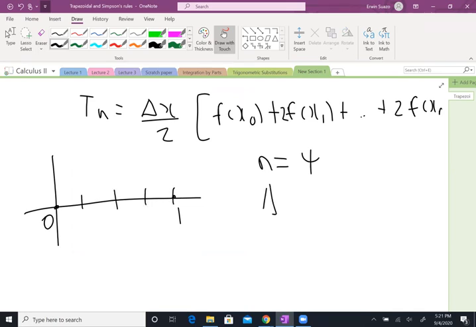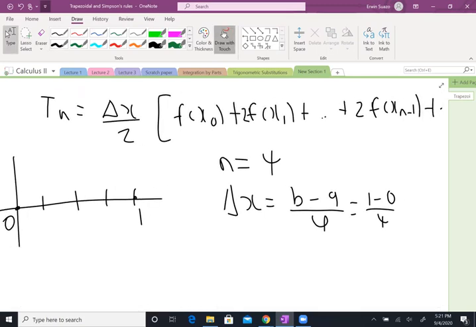Your delta x is b minus a over 4, where b is 1 and a is 0, so you have 1/4, or 0.25, whatever you prefer. So let's say 1/4. This is 0, 1/4, 2/4, 3/4, and then 1. That's pretty much all we need.